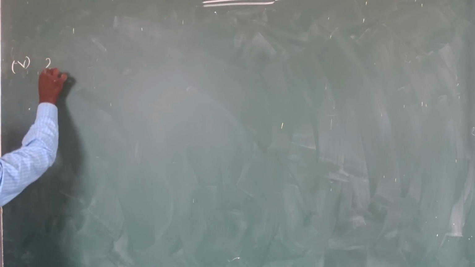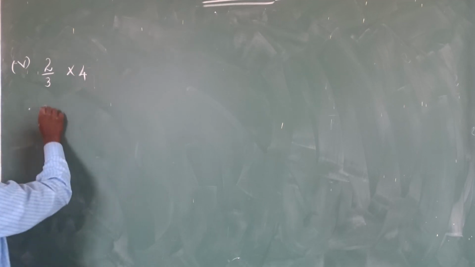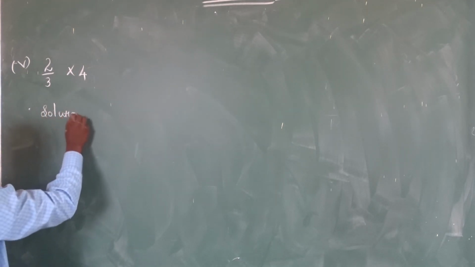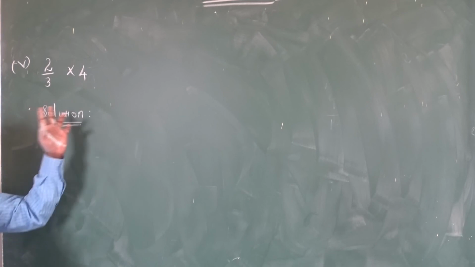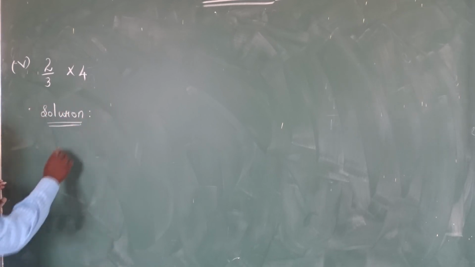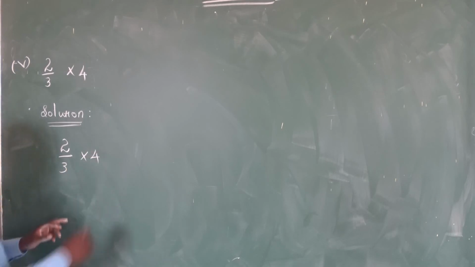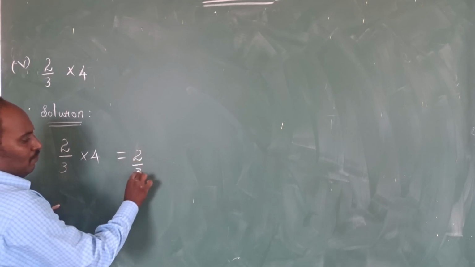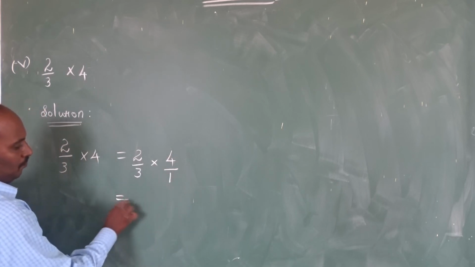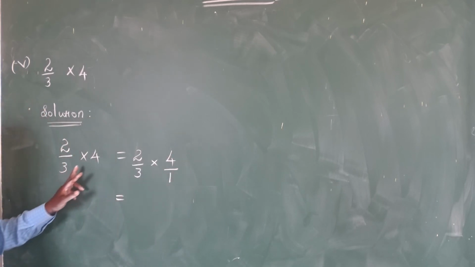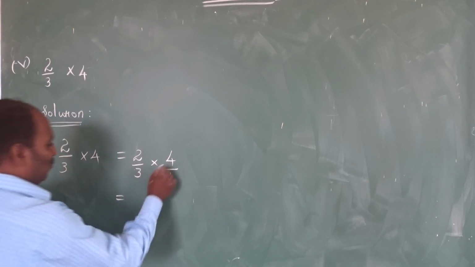Next, the fifth one: 2 by 3 times 4. 2 by 3 times 4 is equal to 2 by 3 times 4 by 1.